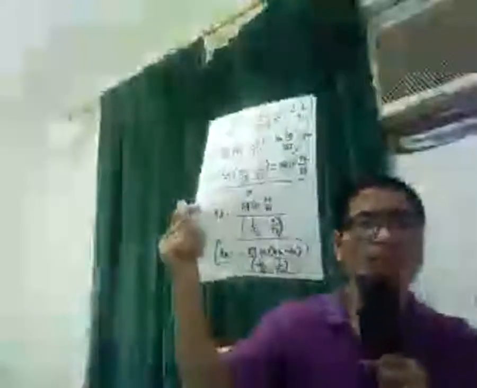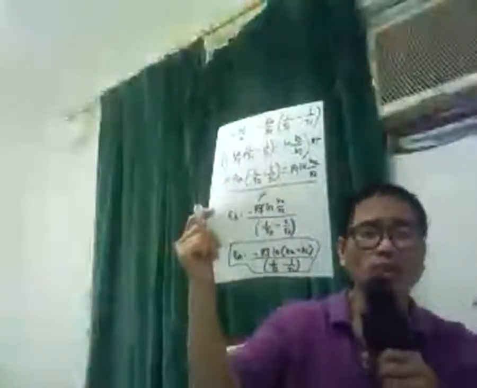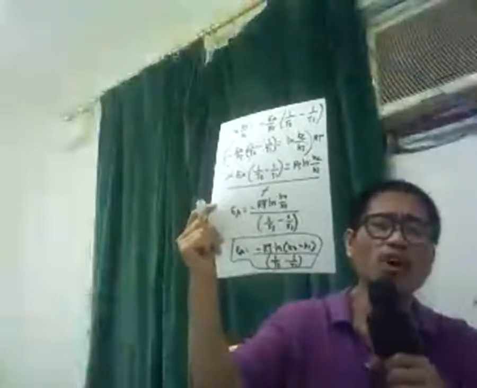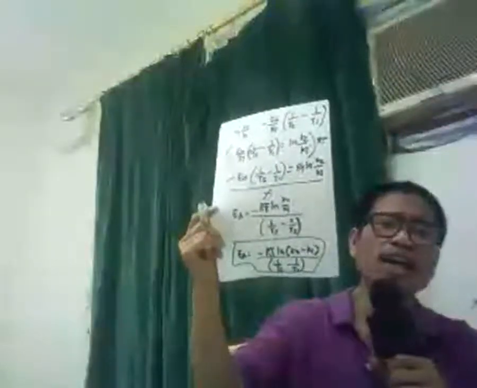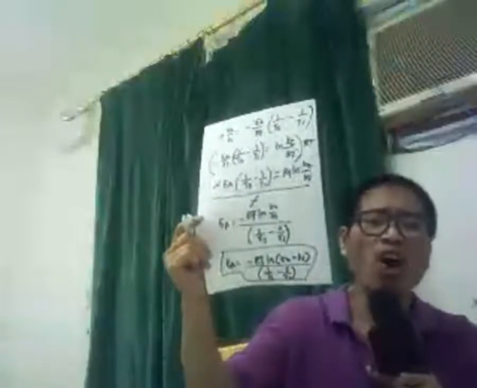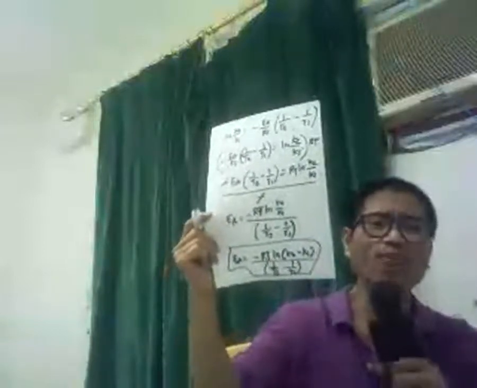We've done the derivation of the activation energy: Ea is equal to negative R ln K2 minus K1 over 1 over T2 minus 1 over T1.